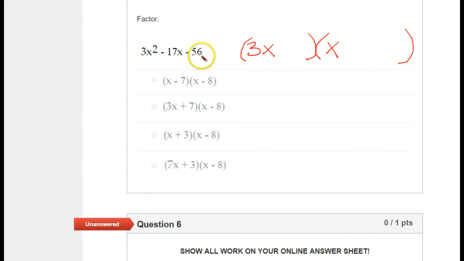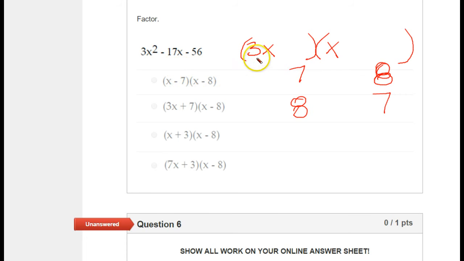But then we have to think of factors of 56. Now, the nice thing about multiple choices, they're giving us some hints here. It's going to be a 7 or an 8, I should say, or an 8 and a 7. You just have to figure it out. And the difference is 17.